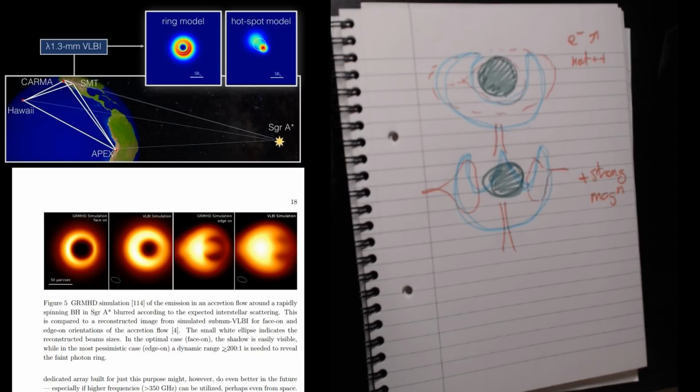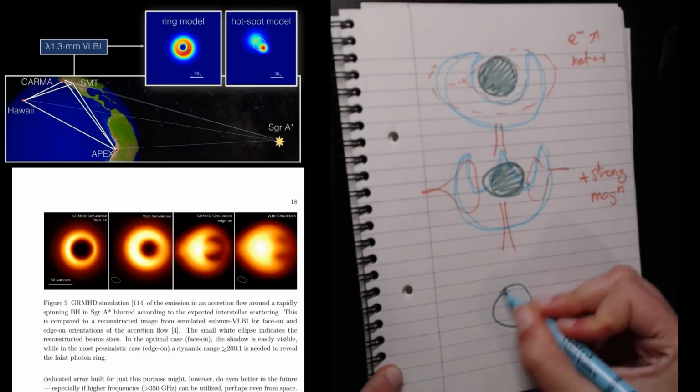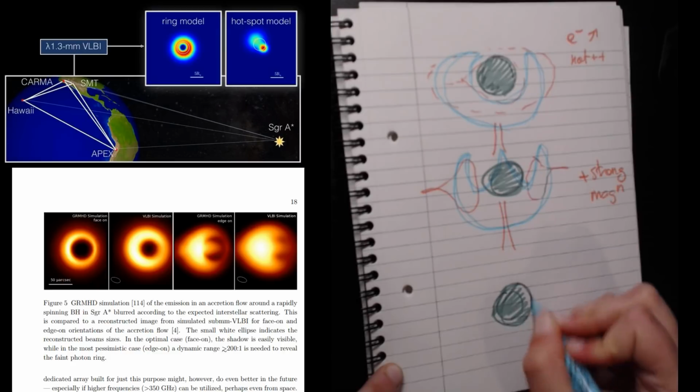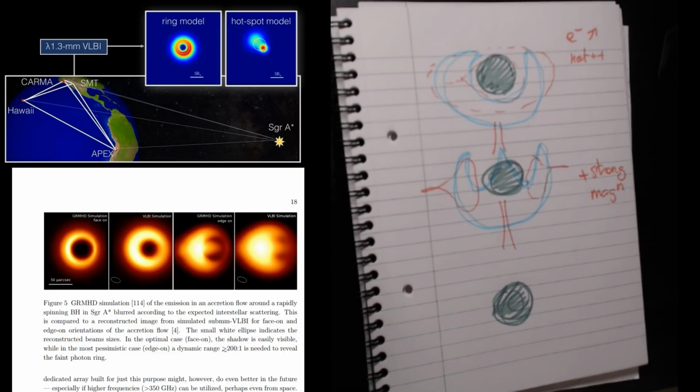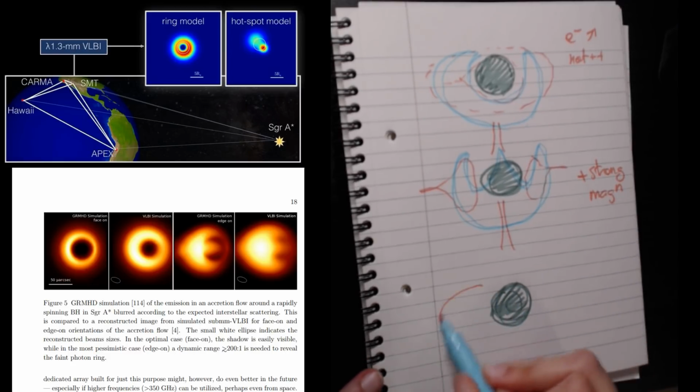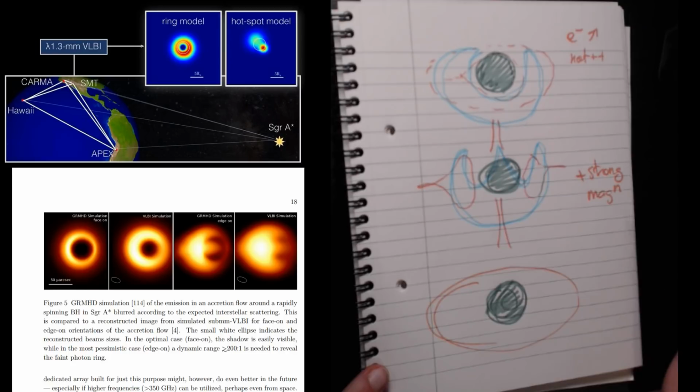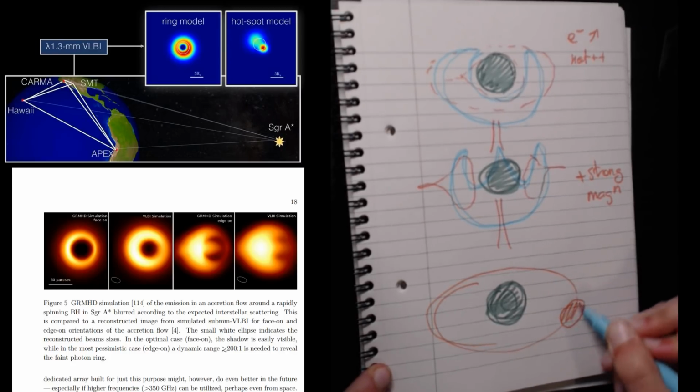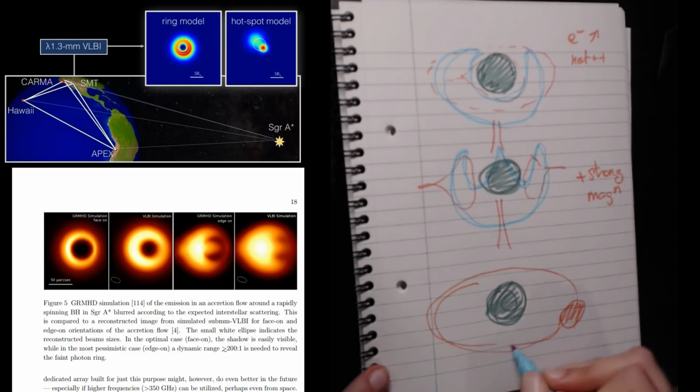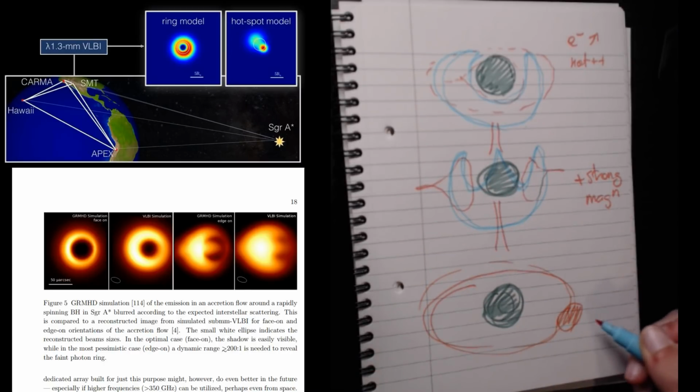And the last model which people have managed to simulate what the observations would look like is a slightly older model by Avery Broderick from Harvard, in which, in the accretion disk, he proposes there might be a particularly bright spot somewhere, maybe a cloud that's not completely disintegrated or for whatever reason.